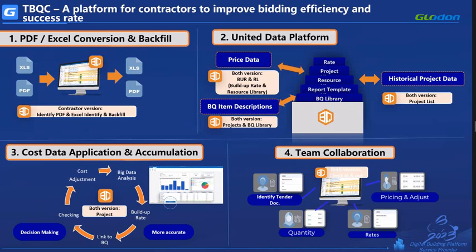And from the contractor side, TBQ greatly supports the BOQ fielding. From accumulating the central data library, contractors use this data to make pricing decisions and create the BQ flexibly and quickly.